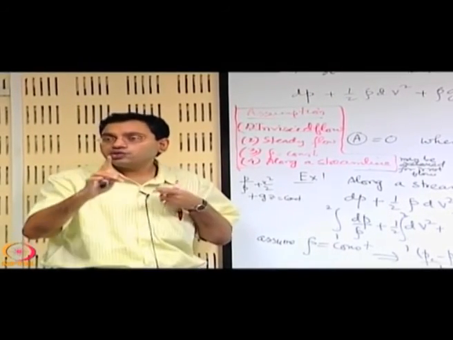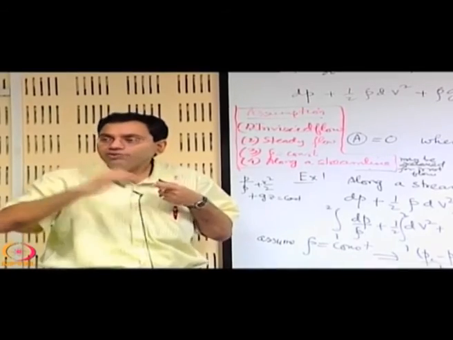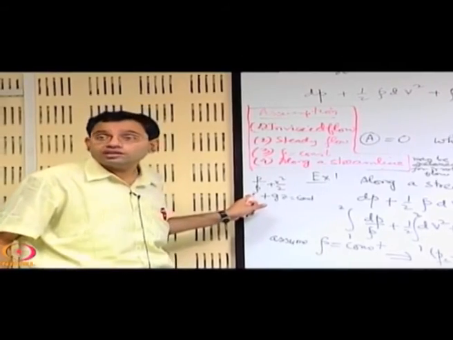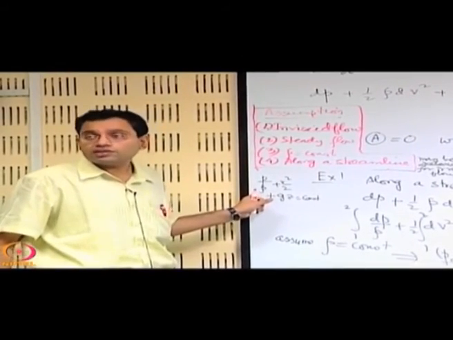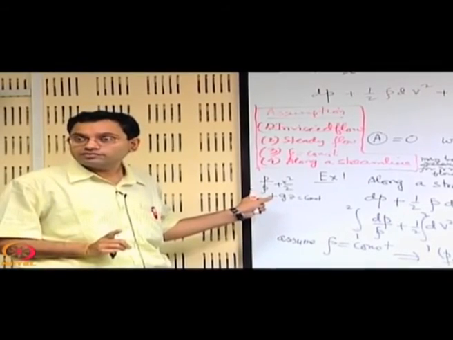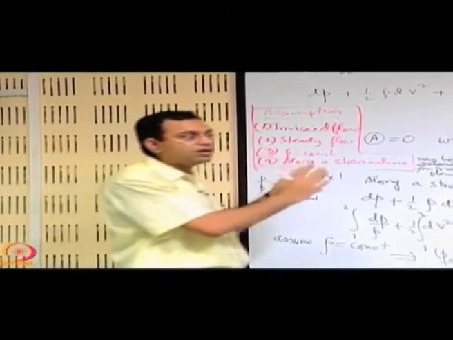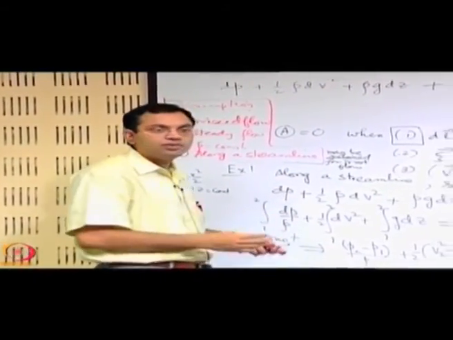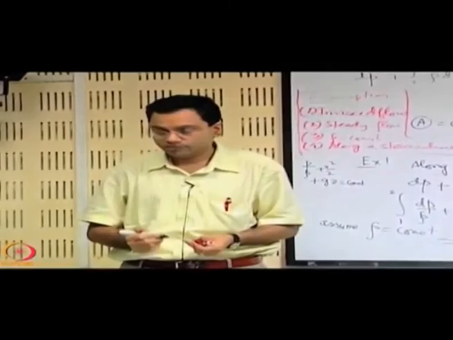Points 1 and 2 may be located anywhere in the flow field, still this equation is satisfied if it is an irrotational flow. If it is not an irrotational flow, then 1 and 2 have to be located along the same streamline. So these are very important fundamental assumptions that go behind the Bernoulli's equation. We will stop here today, we will continue again in the next class. Thank you.